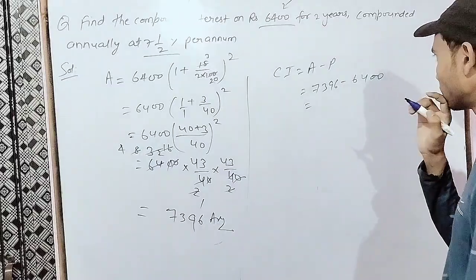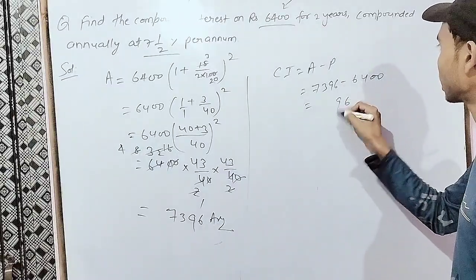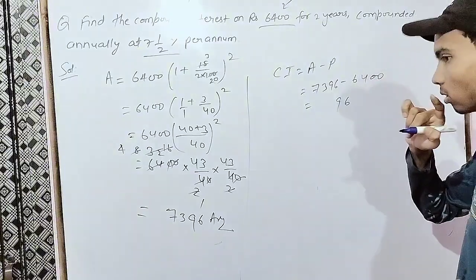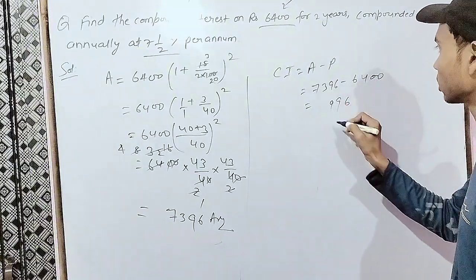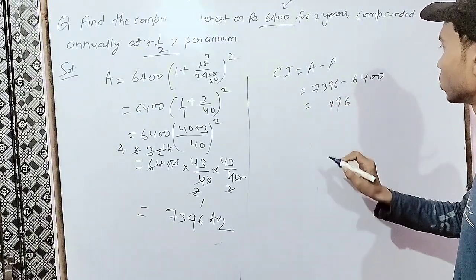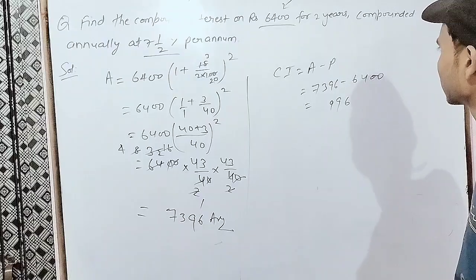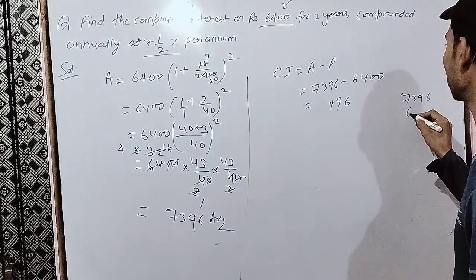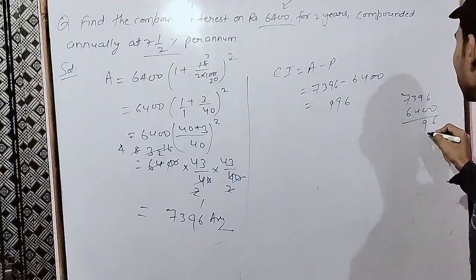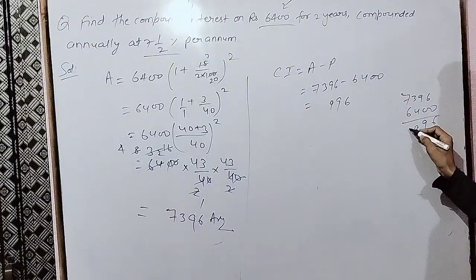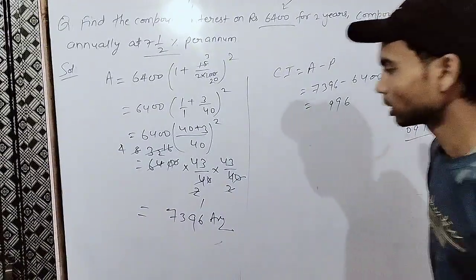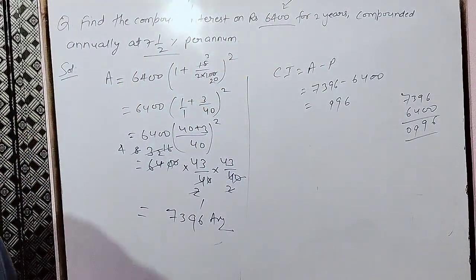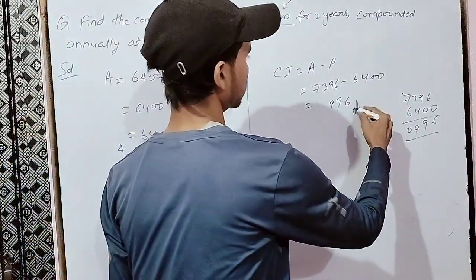Now it will become how much? 6 as it, 9 as it, 8 4 9 4 9 and here 0. But 7396 minus 6400, 699 again 0. 996 is what? Compound interest. This is compound interest.